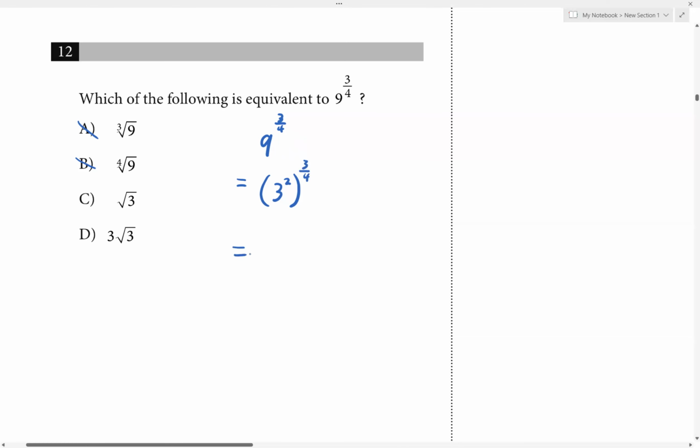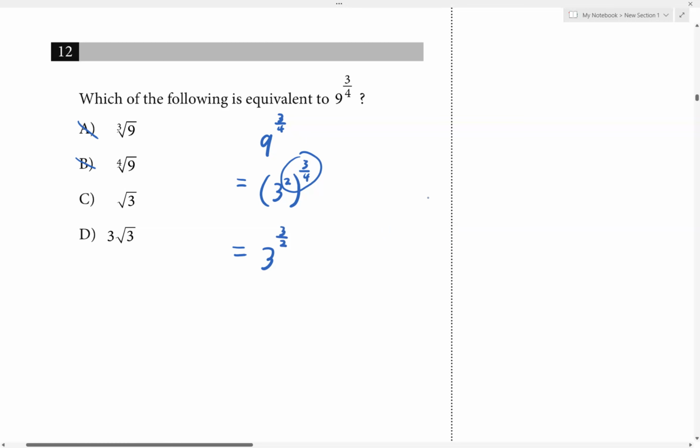Now we have an exponent on top of another exponent, so we have to multiply the exponents together. This will be 3 to the, well, what's 2 times 3/4? It will be 6/4, or 3/2. 2 is like 2/1, so multiplying should give 3/2. So it'll be 3 raised to the 3/2 power.